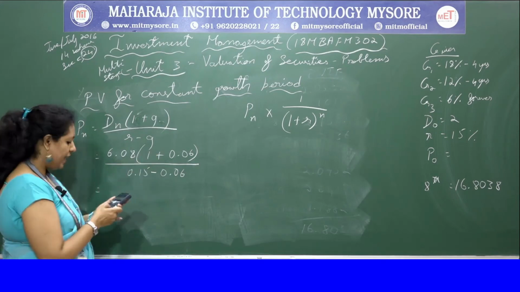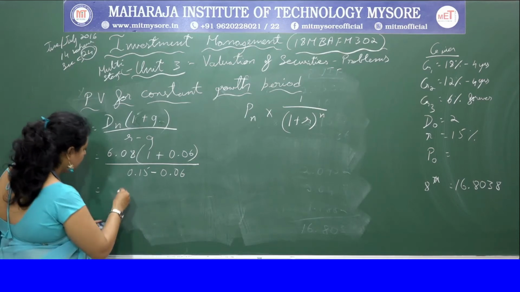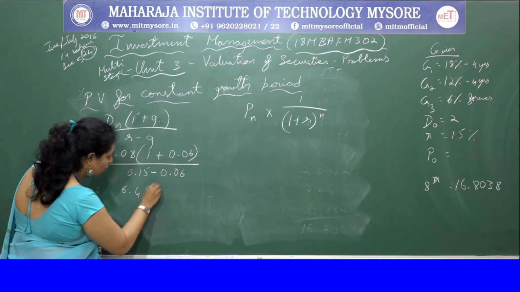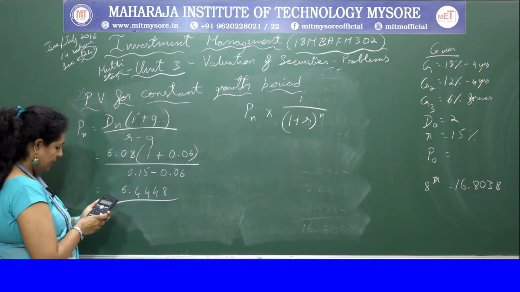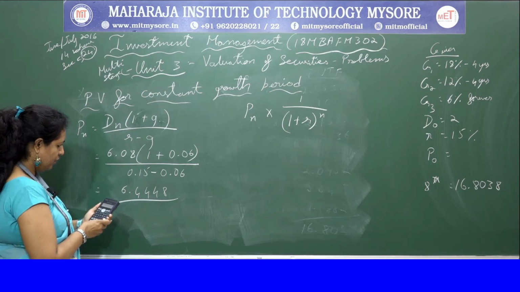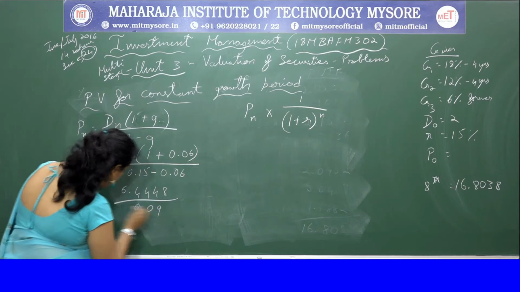So just multiply these. You get 6.4448, divided by 0.15 minus 0.06, which is 0.09.